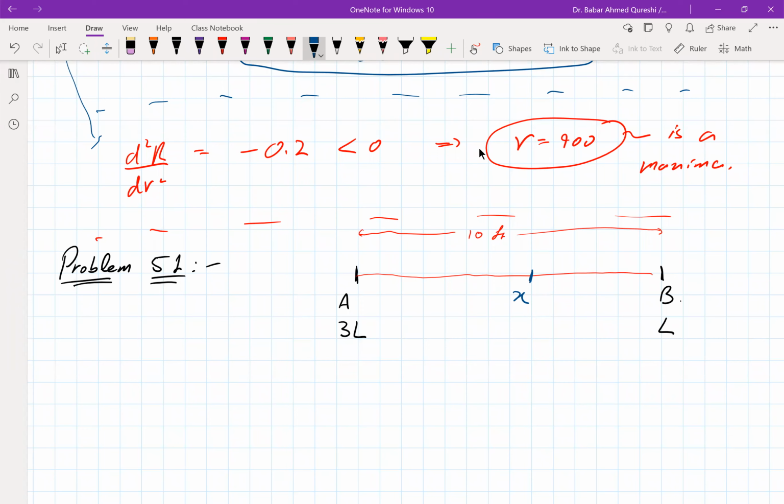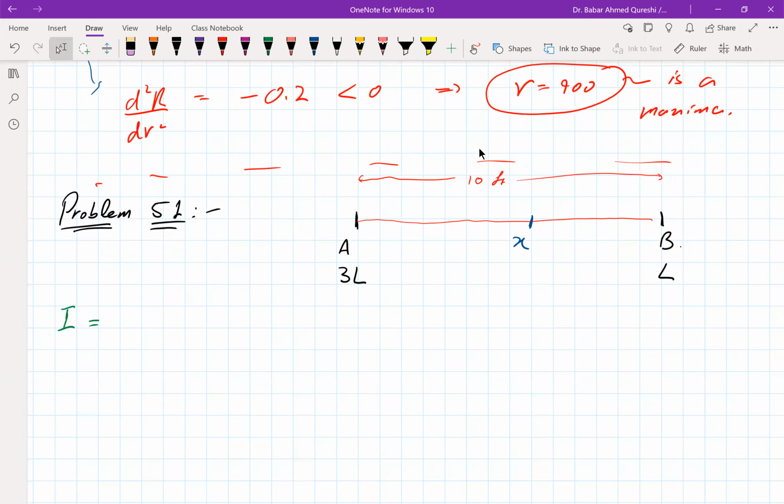Now, what you need is to write how much light you get. I'm calling it intensity, I, as a function of x. If you find that function, then all you will need to do is maximize or minimize that function. So it was told to you that the intensity is proportional to the luminosity of this light, how powerful it is, divided by the distance squared.